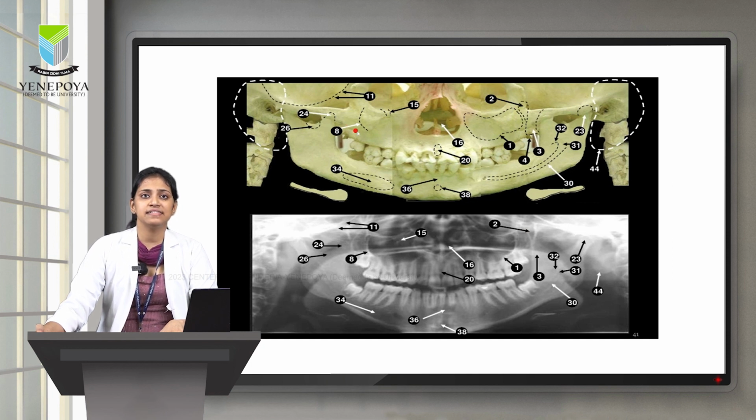Eight is the zygoma. Here it appears as a J-shaped radio-opacity. 16 is the nasal cavity represented by the radiolucency at the central portion.